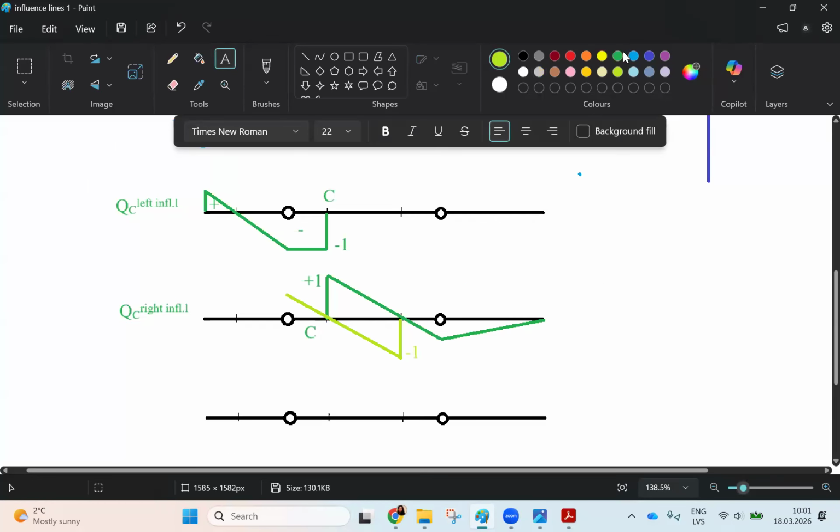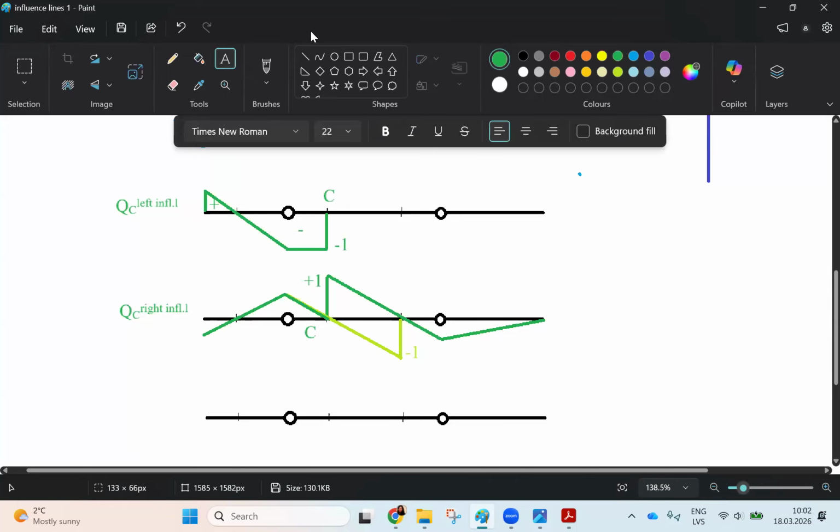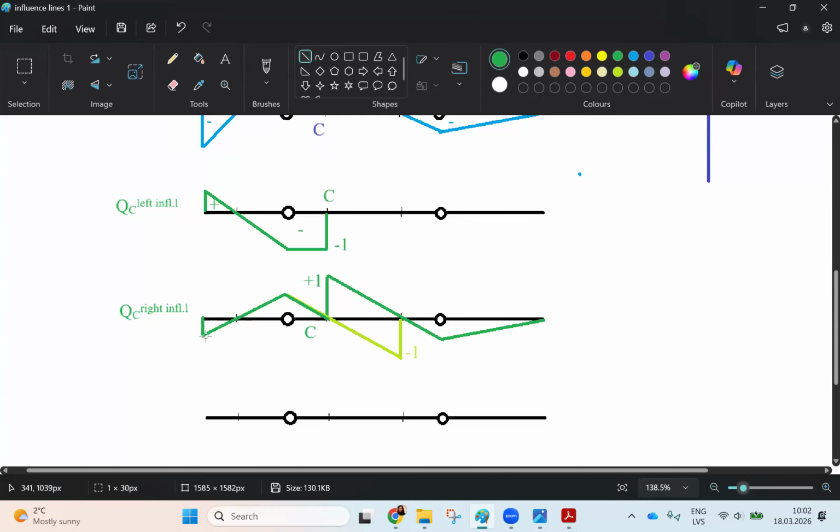And when we start here at the triangle, we need to redraw it with a solid line. At the hinge, we change the direction again, general rule number 2, and through the support we go through 0.